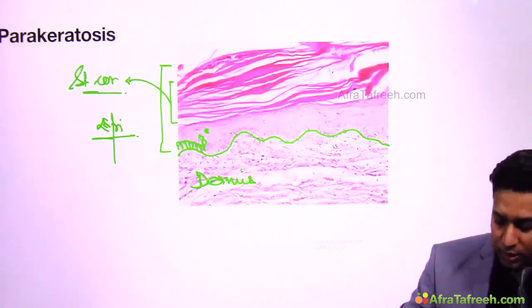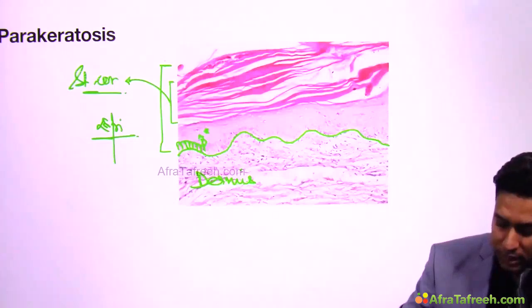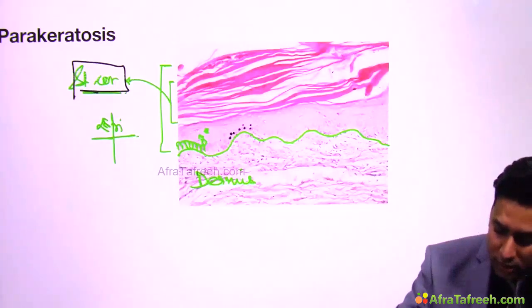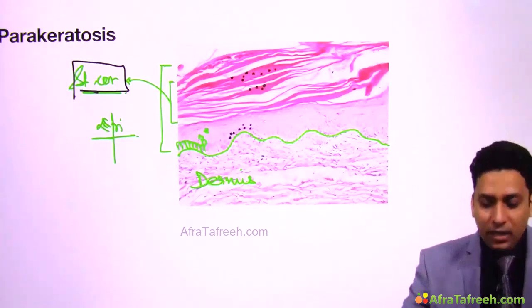Now in stratum corneum, as you can see, the nucleus is seen here, this dark bluish portion within the cells. Normally nucleus is absent in stratum corneum, but here you can see this dark bluish portion is present. So this is parakeratosis, retention of nucleus in the topmost layer.